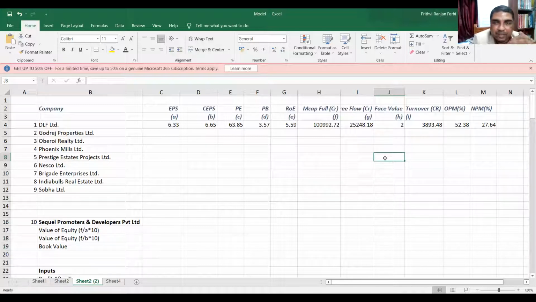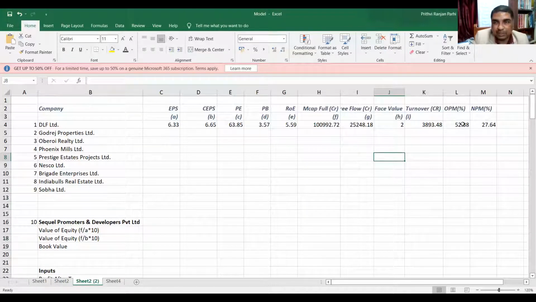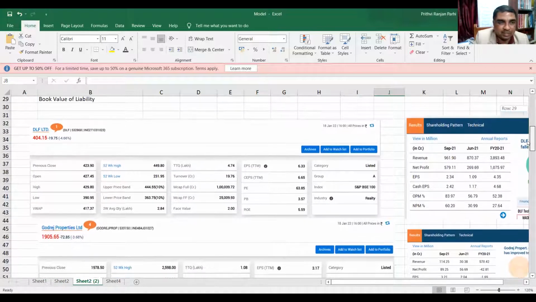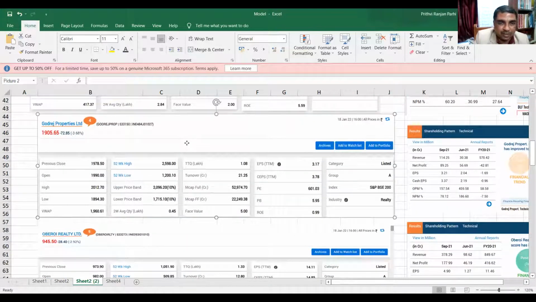Okay. Now repeatedly, I need not go to the BSE website because this data is already available with me. For other companies, I have this data. DLF data is already there. Next is Godrej. I have already taken the screenshot, pasted it here and cropped it.